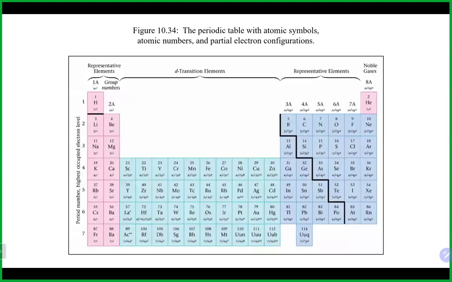So this would be group 1, right? Group 2, this would be 3, 4, 5, 6, 7, 8, 9, 10, 11, and 12, basically.